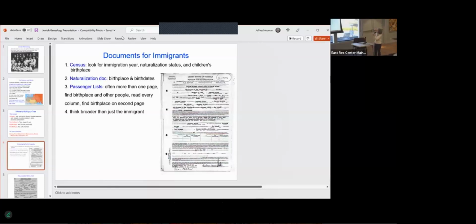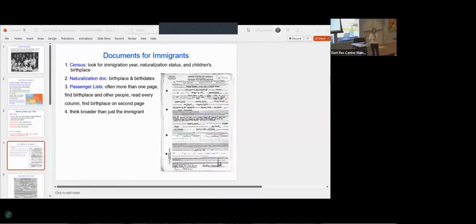The next slide shows the naturalization document much larger, so you might be able to see it better. But both the naturalization document and the passenger list usually, or very often, have more than one page, because the naturalization process has several documents. There are little arrows going back and a little arrow going forward.